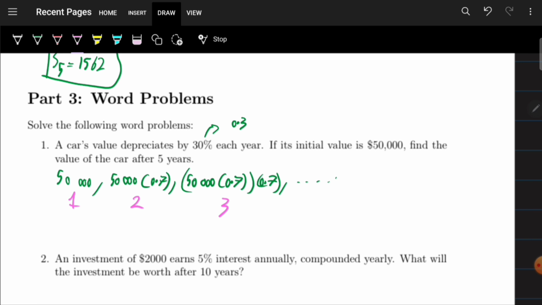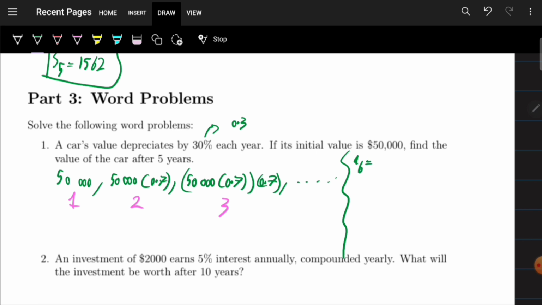So if I'm trying to figure out what the car's value is going to be after 5 years, I need to figure out what the sixth term is, not the fifth term. Because term 2 represents what happens to the car after 1 year. Term 3 represents the car's value after 2 years. So the term number is always one more than the specific year we're talking about. So we're going to find a 6 here.